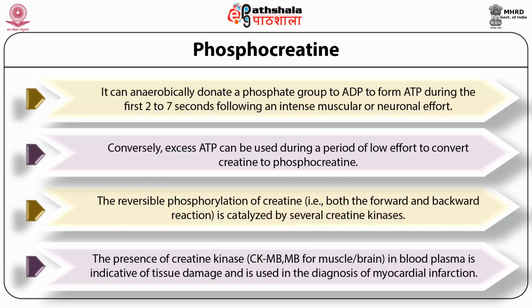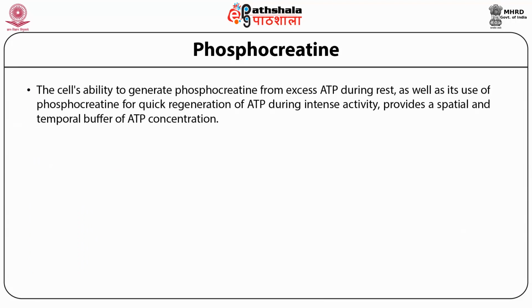Creatine kinase has multiple forms: some forms are found in the brain, some in the muscles, some in the heart. So based on the isoform, we can diagnose, or we can use this as a clinical marker for myocardial infarction.